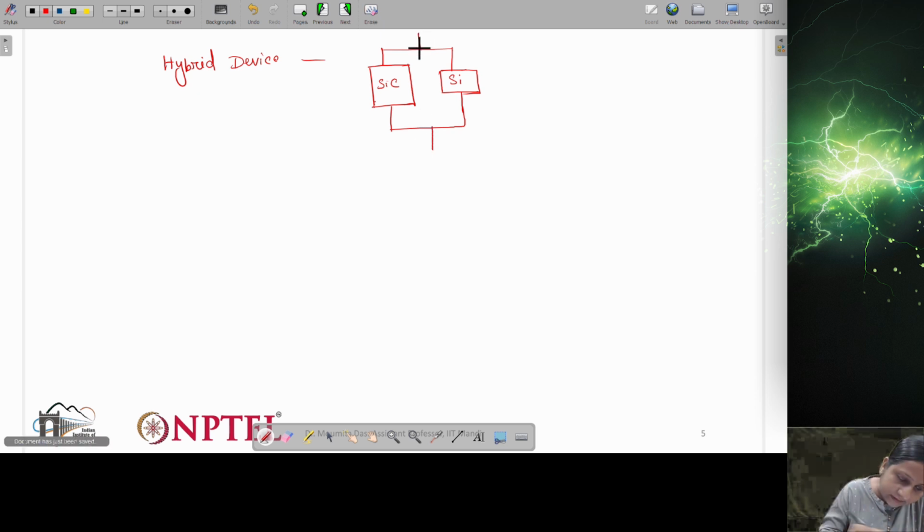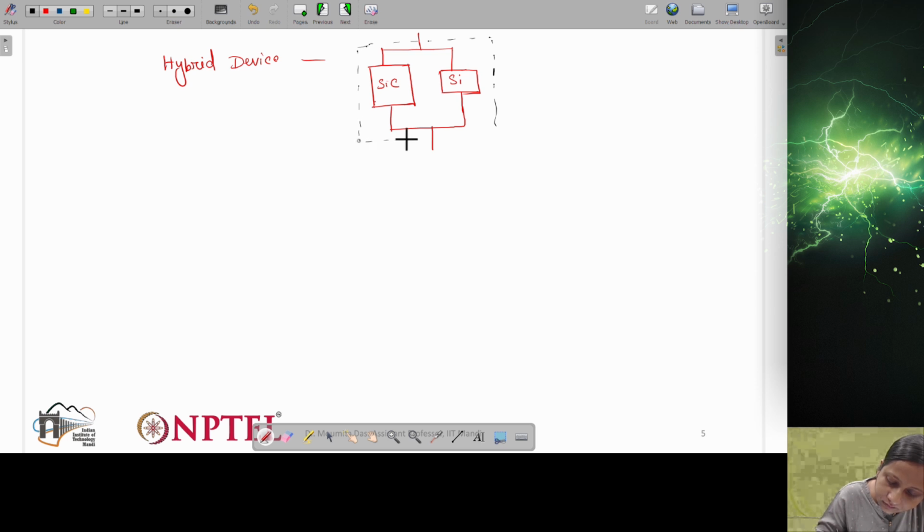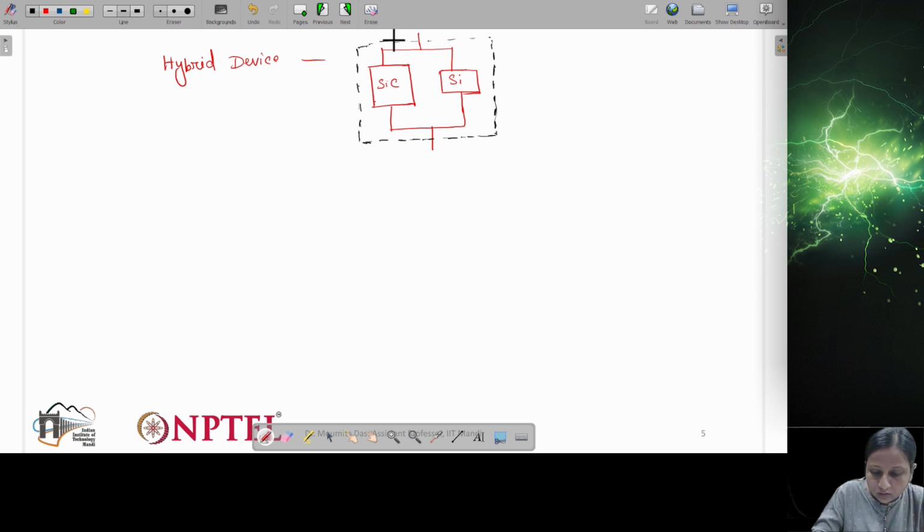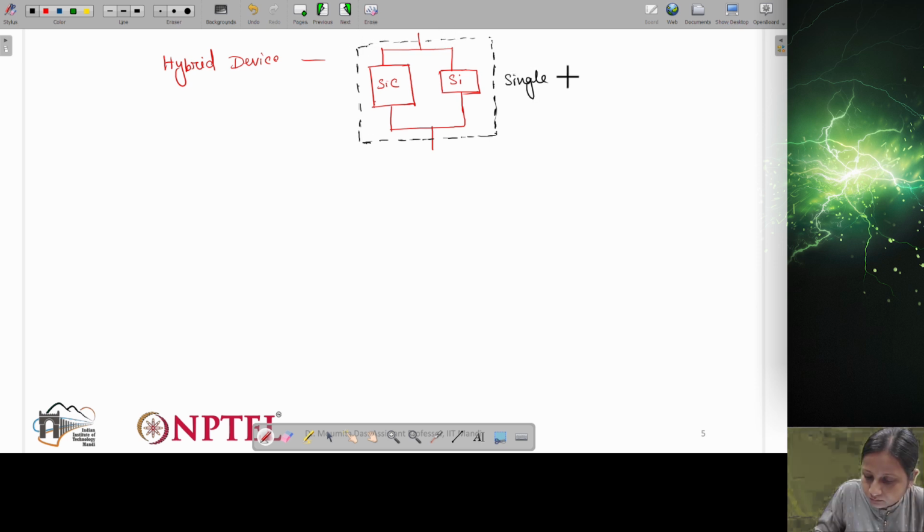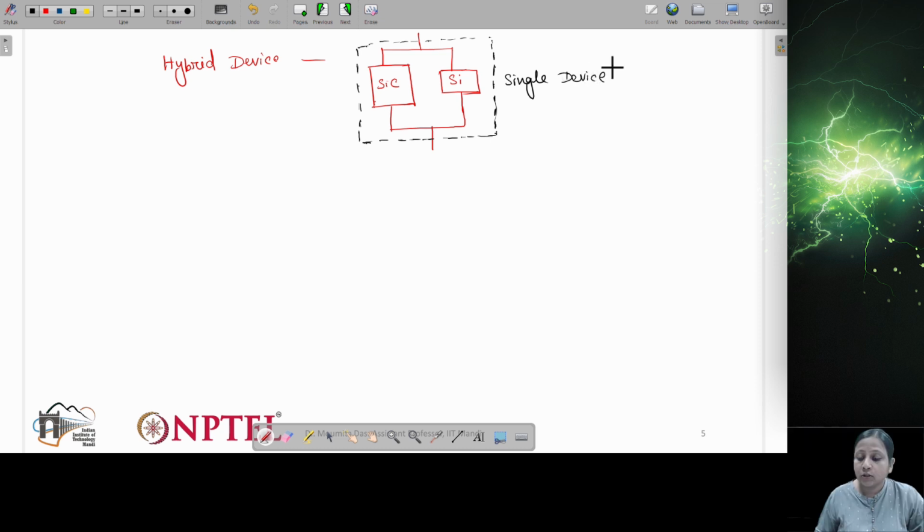So basically this entire part will work as a single device.